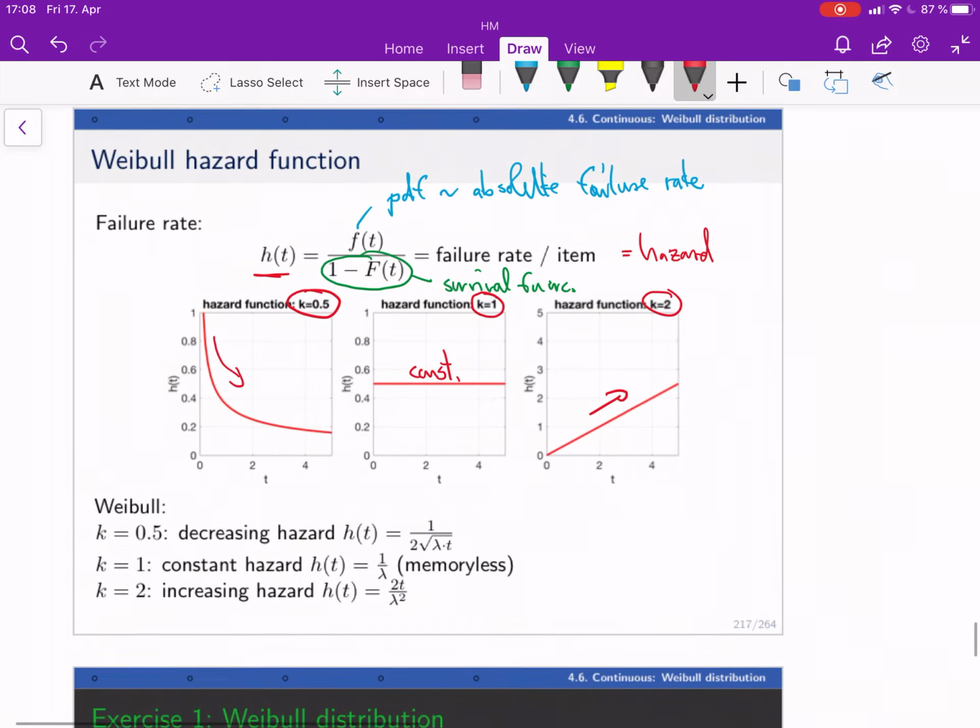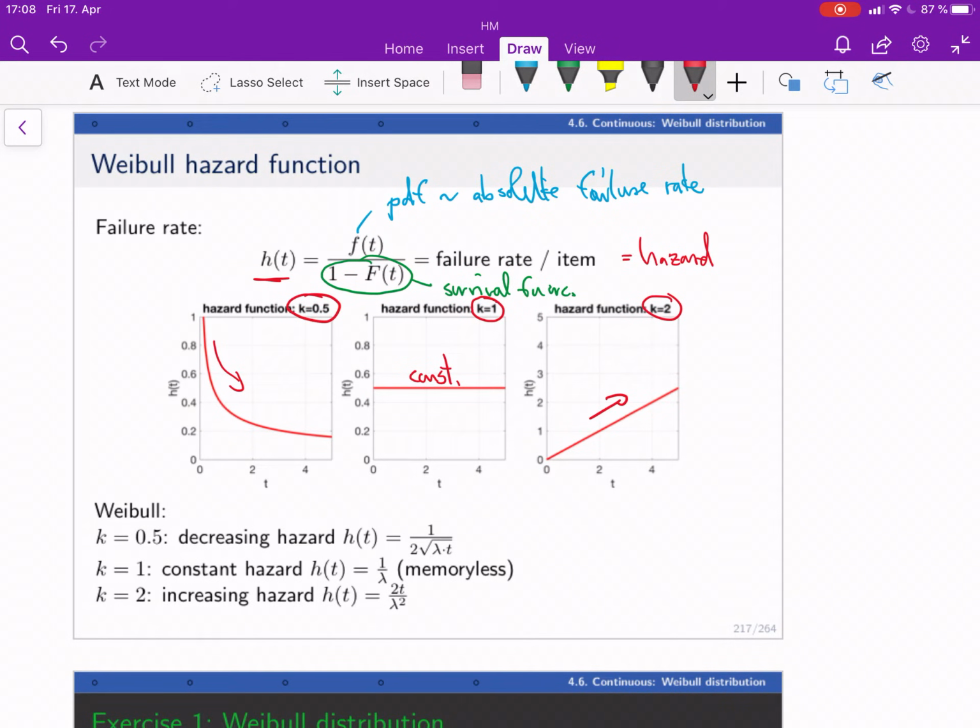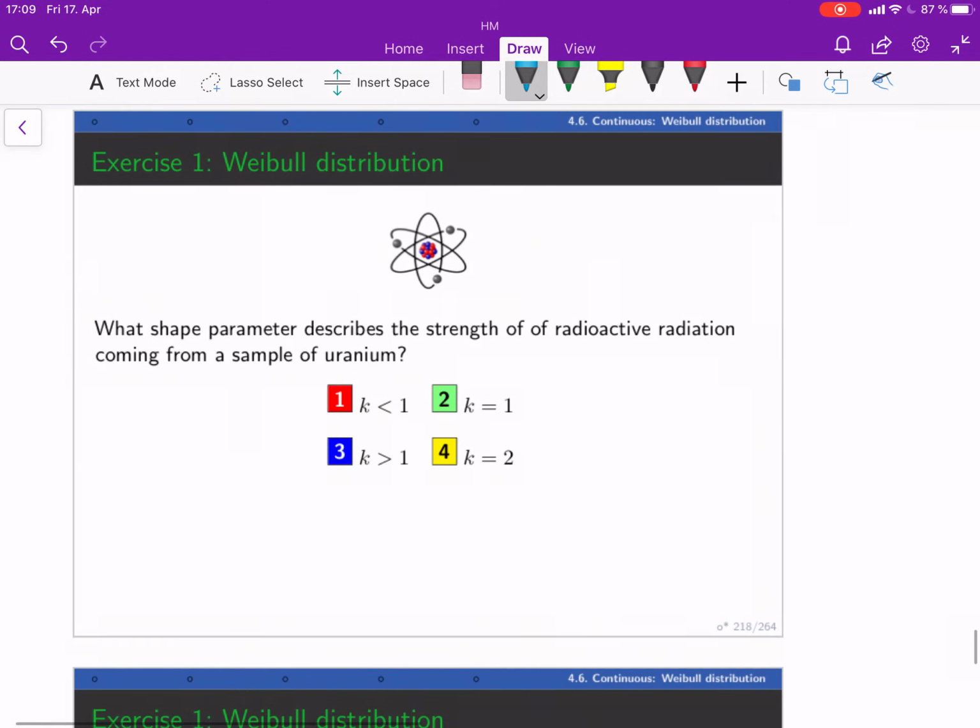So that all matches up, and we can basically use the shape parameter to model different scenarios, or we can fit it to data we have and find out how our parts are doing over time. So let's look at an example.